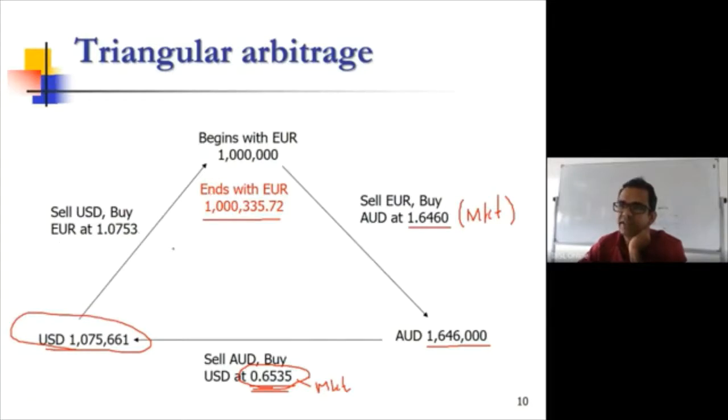At this rate, you need only this much of dollars, isn't it? Because 1.0753 is the rate. To buy euro 1 million, you need only this much of dollars, but you have $1,075,661.